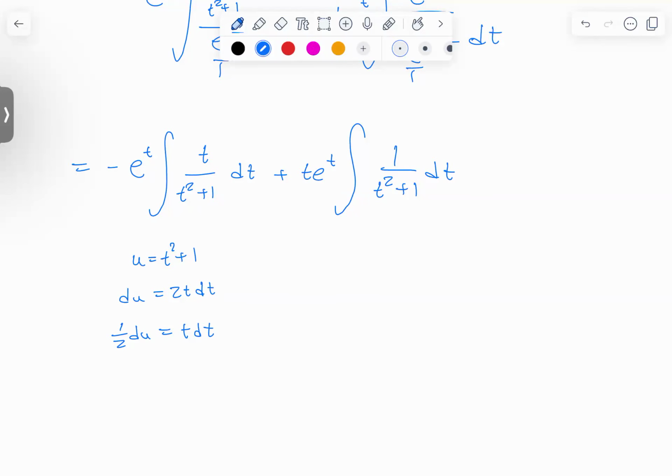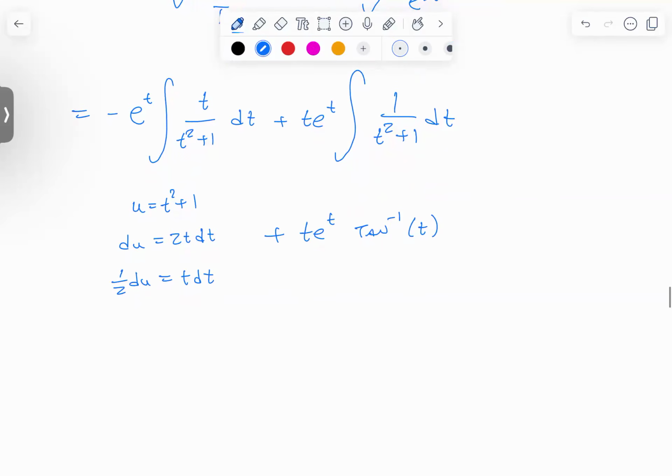This is by far the most common one, and the temptation is to try a U sub or try ln or try junk. It's just inverse tangent. Plus t e to the t. Is this just tan inverse of t? There's nothing else to be done on that one.